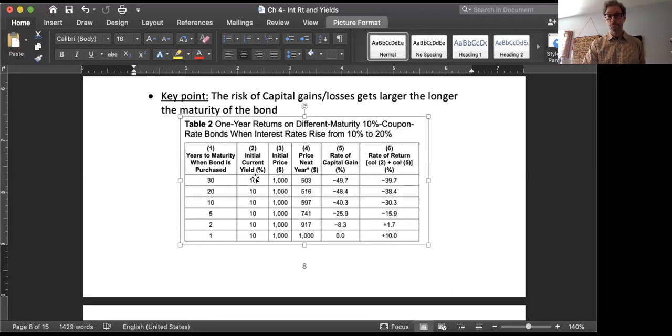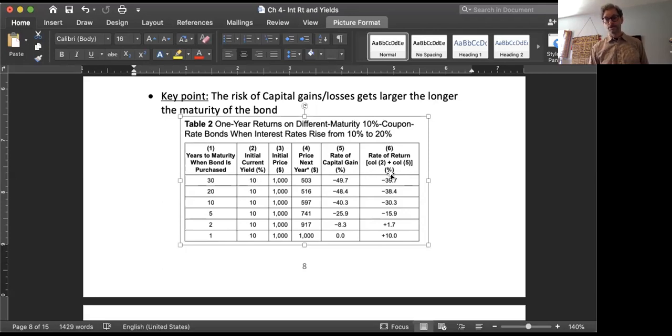But then what happens when the interest rate rises from 10% to 20%? That price is going to fall from 1,000 to 503. What's your capital loss going to be? Almost 50%. And so even though you got a 10% return from the coupon rate, if you add that 10% return to the almost 50% loss, notice that you lost almost 40% of your money.